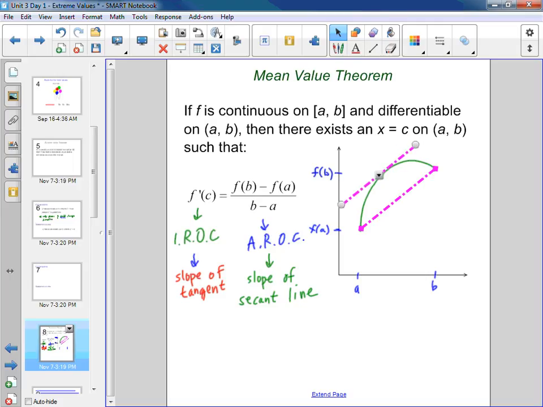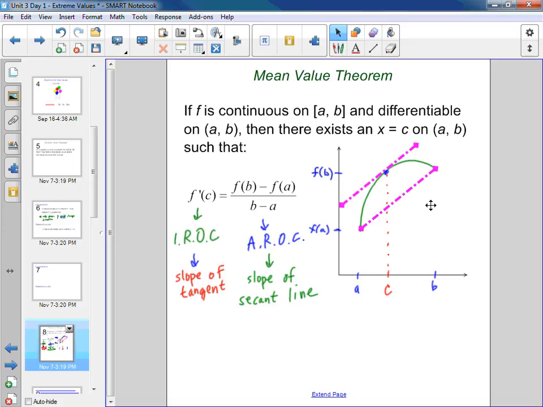So it looks like right about there comes in and touches tangent to the curve. And so it looks like if I came down now, there's my x equals c value. Is it between a and b? Yes, it is. And so that's old school mean value theorem for derivatives last year.